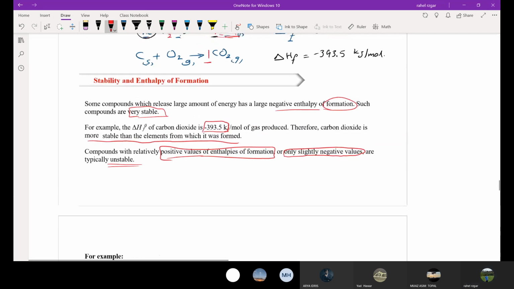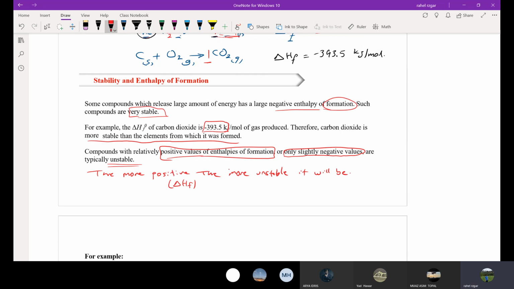But of course, as you can see, or you can write this down, the more positive, the more unstable it will be.